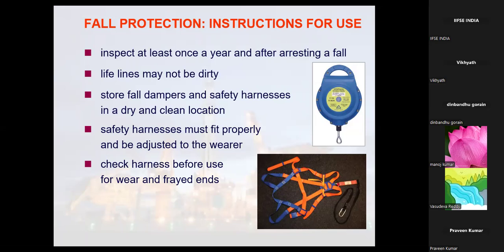Here he says once a year, but usually in industry we have a practice of inspecting at least once in a quarter, and for every quarter you have a color code. If that is missing, then we say the PPE is not to be used. The lifelines may not be dirty. Whatever lifelines you are using should be clean.